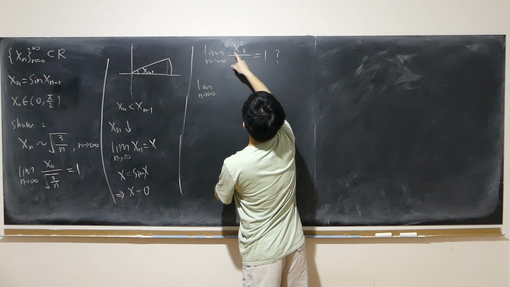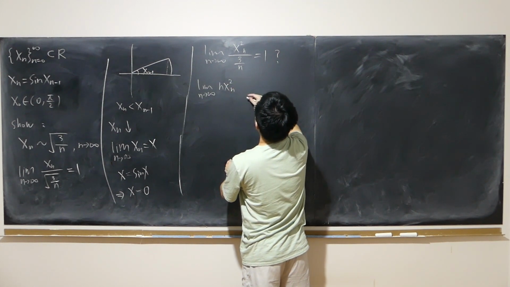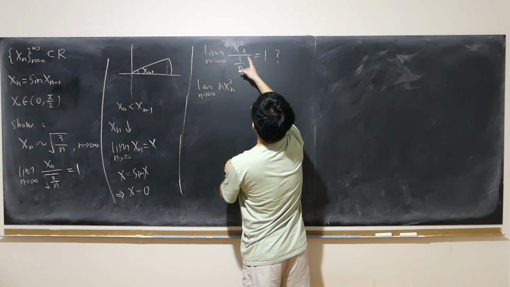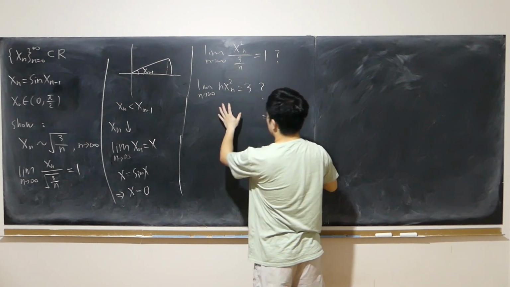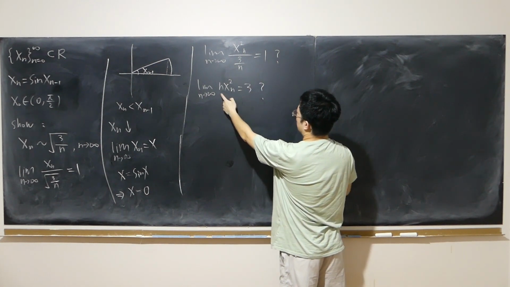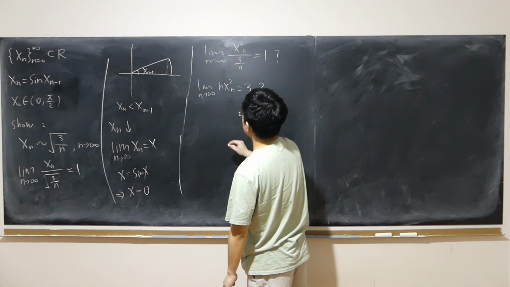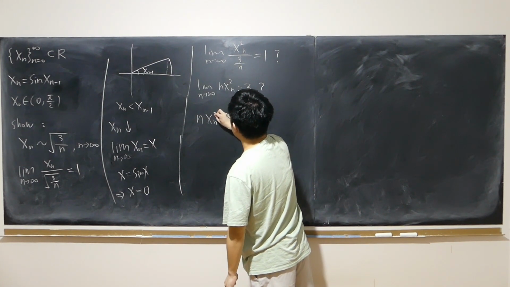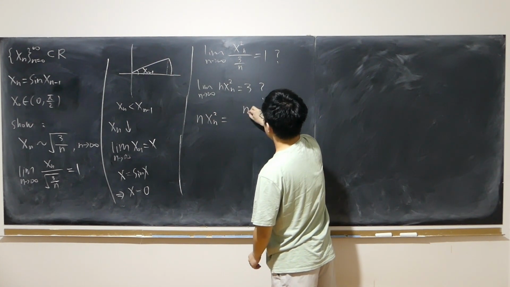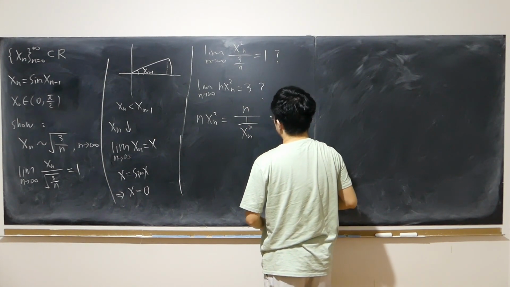So multiplying by n, we get n times x squared n. Then we multiply by 3 on both sides. So is this limit equal to 3? All we have to show is that n times xn squared, that is n over 1 over xn squared, tends to 3.